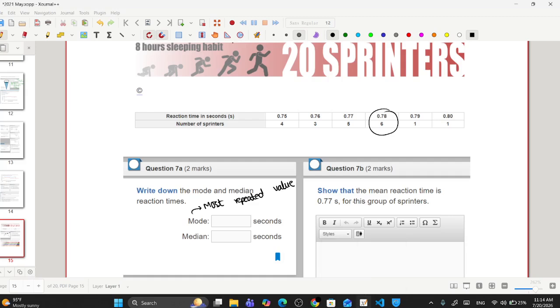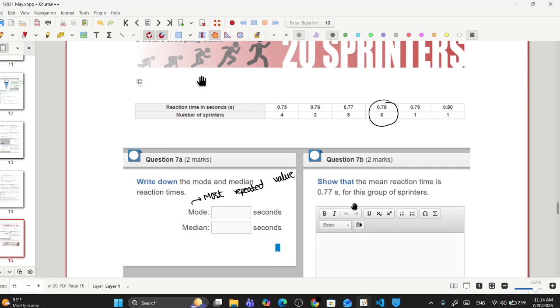So mode is basically the most repeated value, which is going to be 0.78 seconds. Why? Because it is of the highest frequency. The most number of sprinters took a reaction time of 0.78 seconds. So we'll write 0.78.